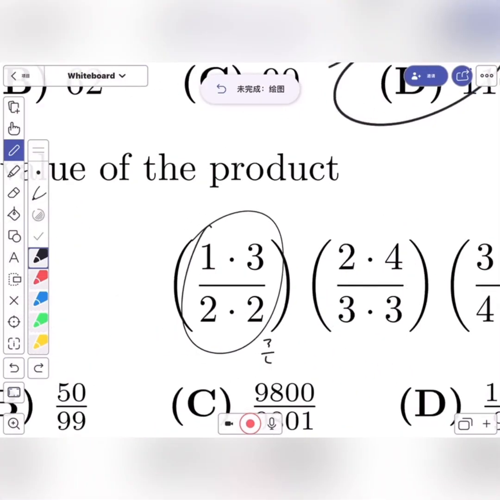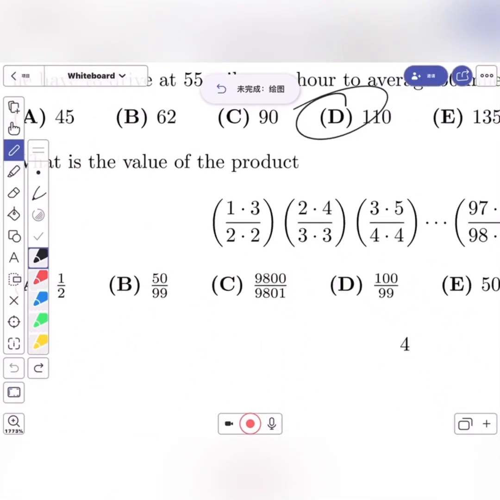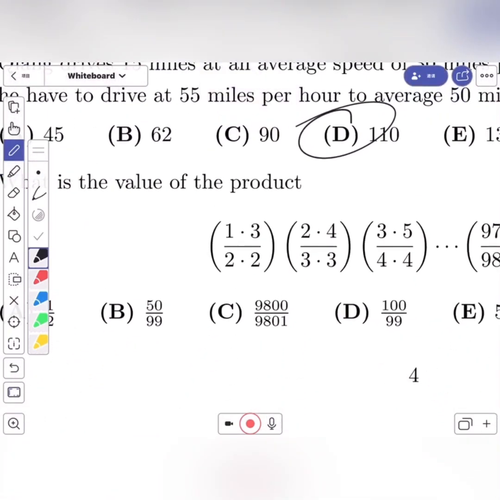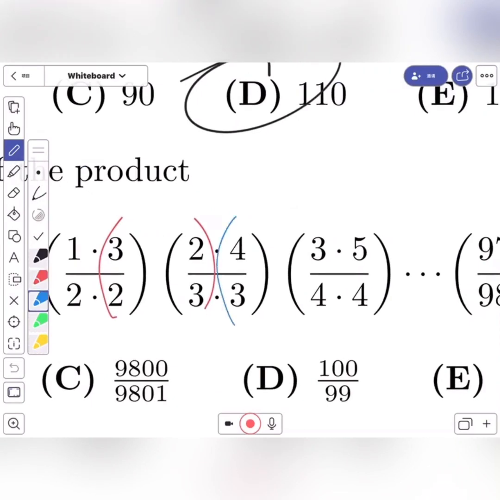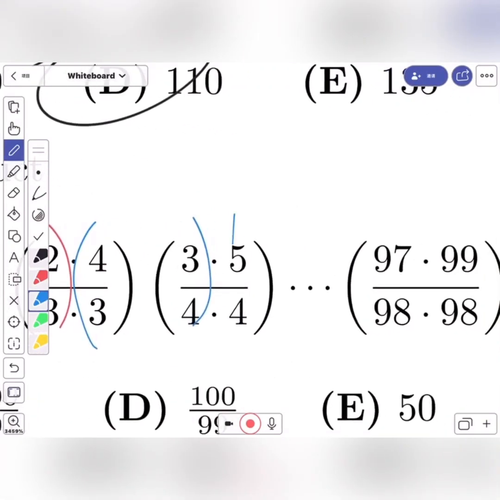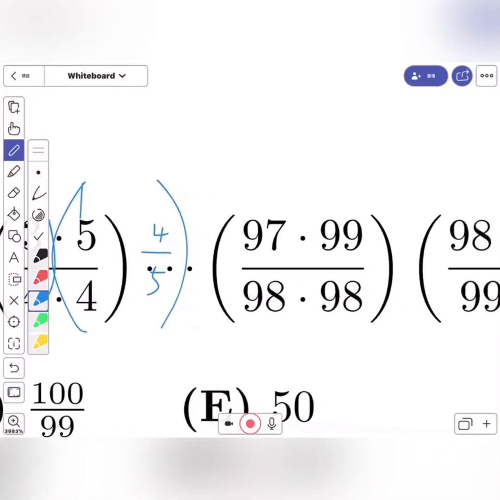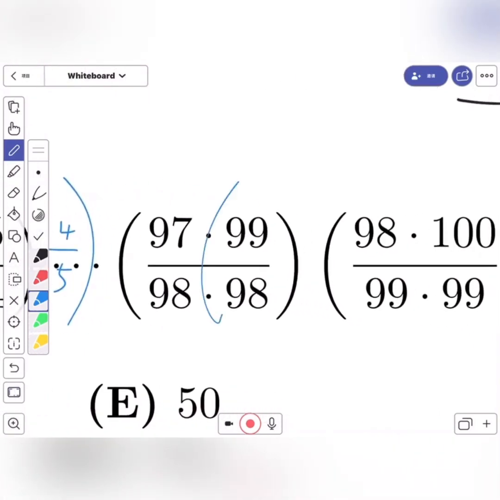So this problem requires some thinking outside of the box. What if we ignore these parentheses and instead consider these parentheses, with a 4/5 here, and then we consider these.